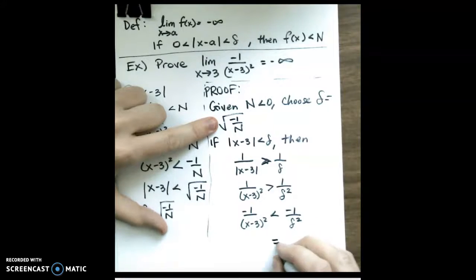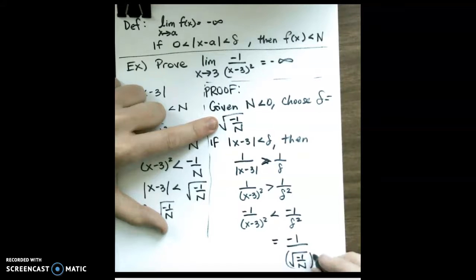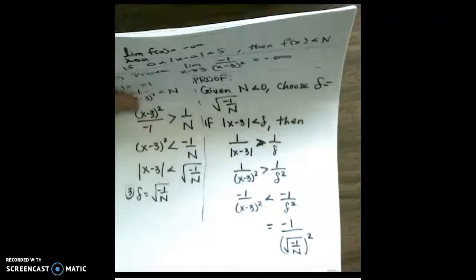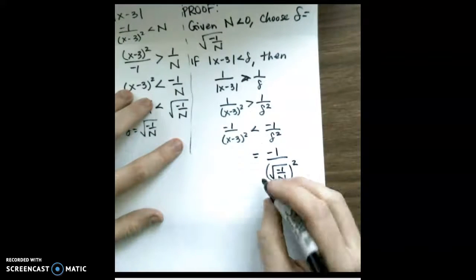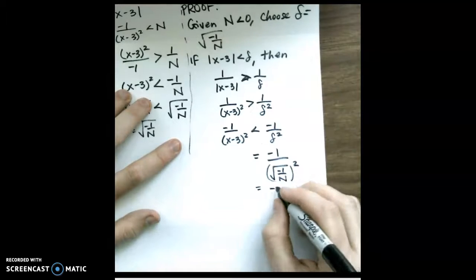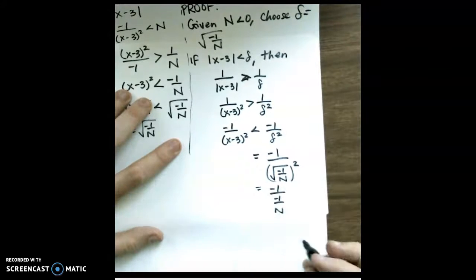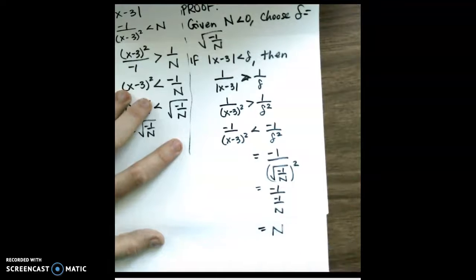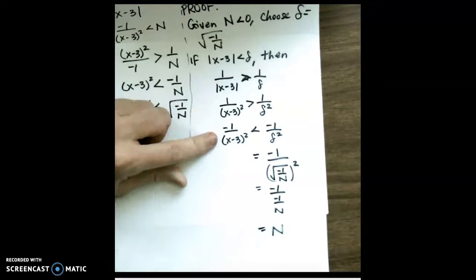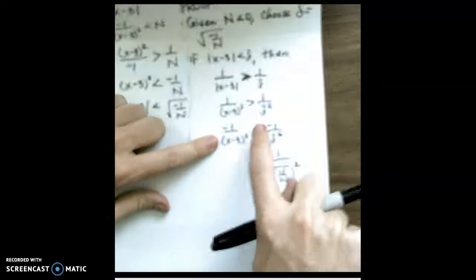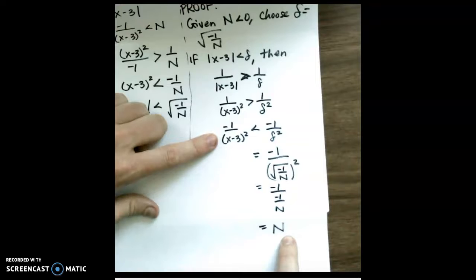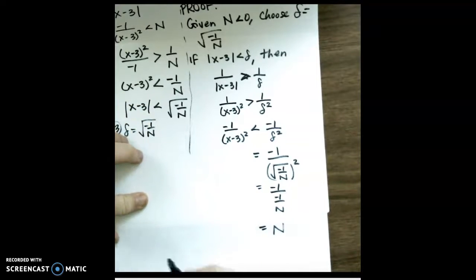So this equals negative 1 over this new delta, and when you square the square root, it goes away. Then if you multiply by the reciprocal, you get n. So we have shown that the function is less than n, which was the conclusion of the theorem.